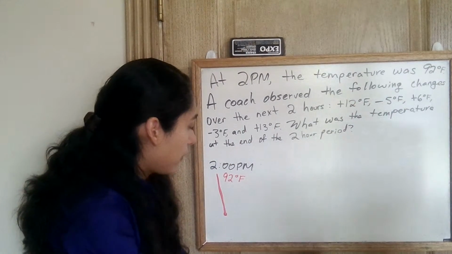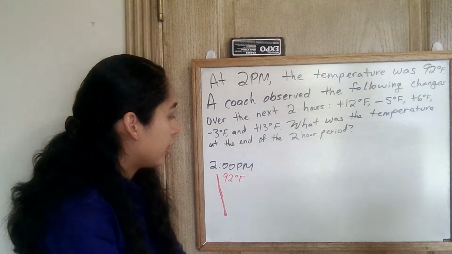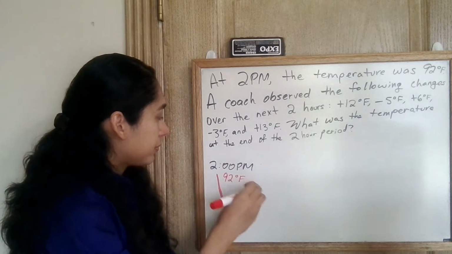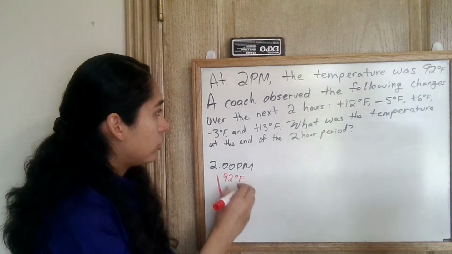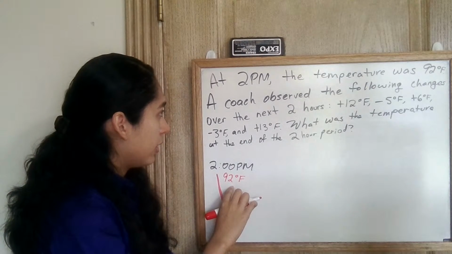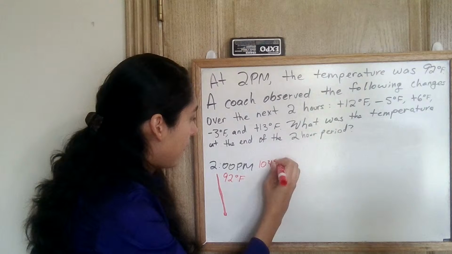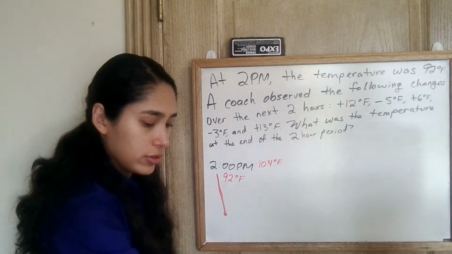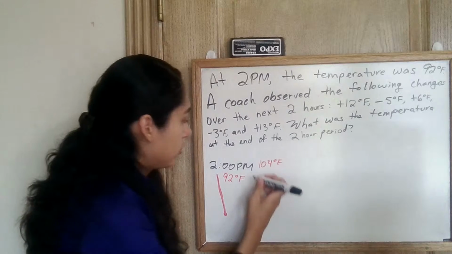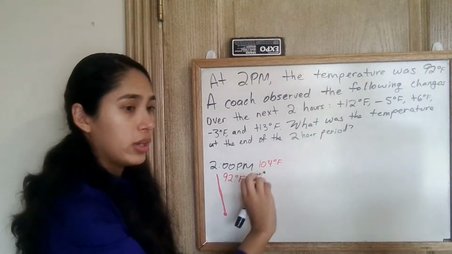So if we add 12 degrees Fahrenheit, we get 92 plus 12, which is 104 degrees Fahrenheit. Let me use different colors. Plus 12 degrees Fahrenheit. So it went up.